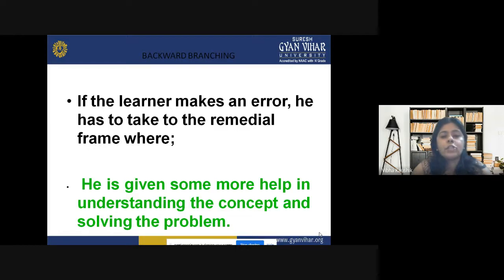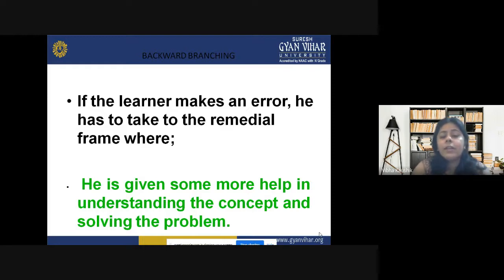Now, backward branching. What do you understand by the concept of backward branching? If a learner makes some error, or has given an incorrect response, or has made some mistake, he is taken to the remedial frame from where the learner has made a mistake. There he is given some more help.